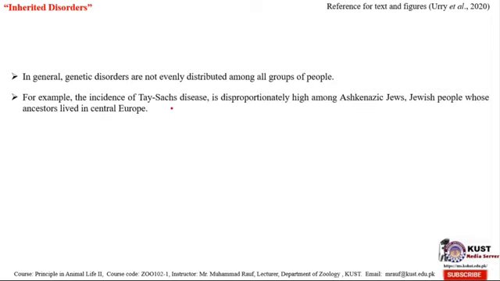So Tay-Sachs is a lysosome storage disorder in which the person is unable to make an enzyme to convert the fatty acid substance gangliosides that are present in the brain into its metabolites.